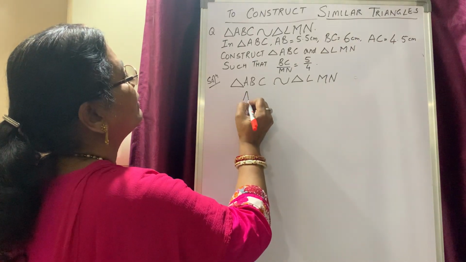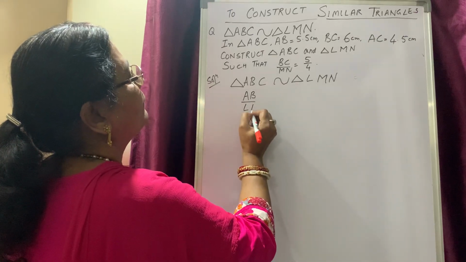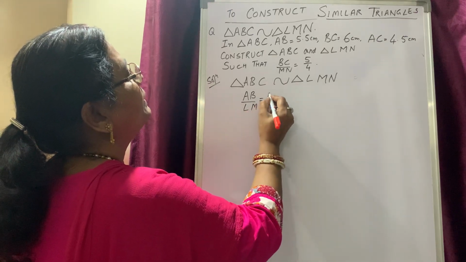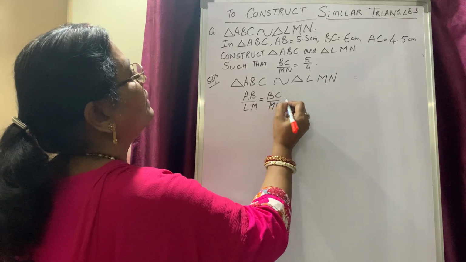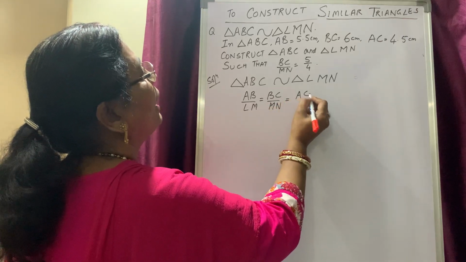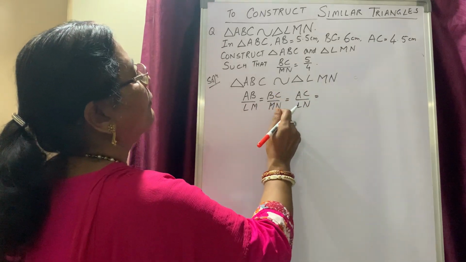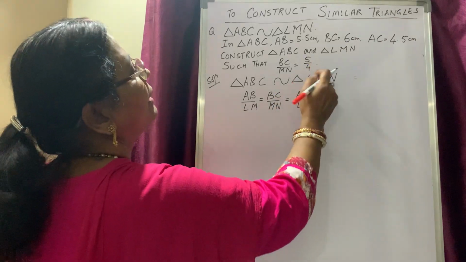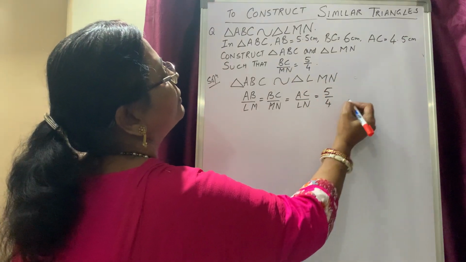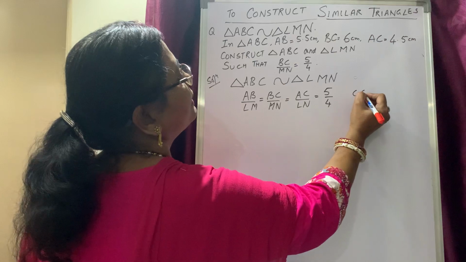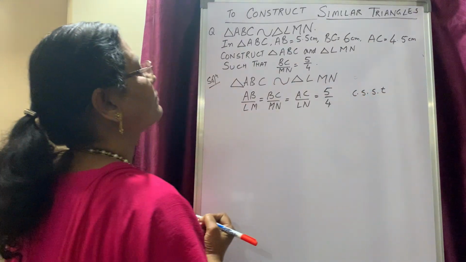So therefore, we will write AB upon LM is equal to BC upon MN is equal to AC upon LN. And this ratio BC upon MN is given as 5 upon 4. So this will be 5 upon 4. This is because of corresponding sides of similar triangles.